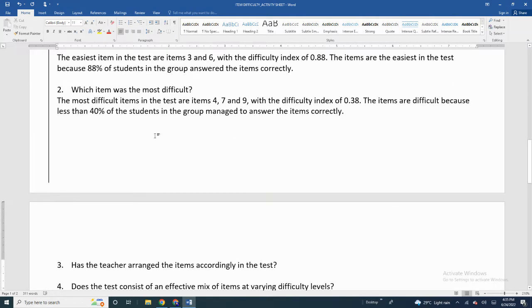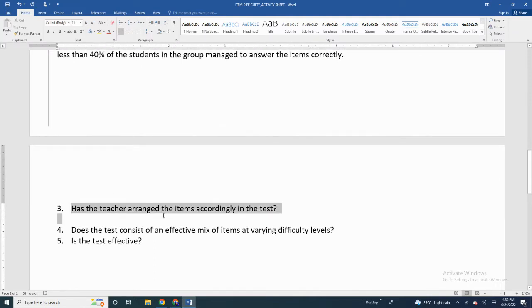When we arrange our test items, our test should be according to increasing level of complexity. You should begin your test with the easiest items, and then you work your way up, and the final item should be the most difficult item in your test.